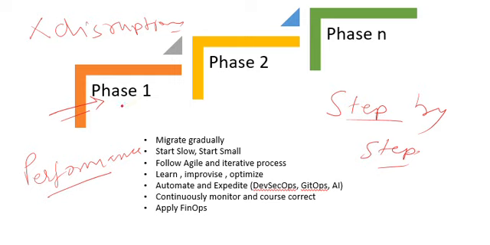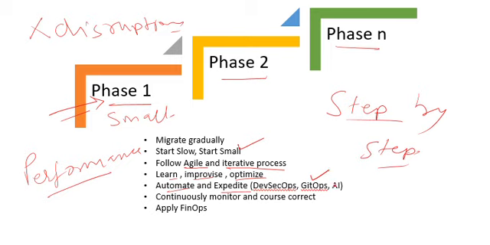So it is always a best practice to take a phase wise approach. Start small. In phase one, you start small, slow and small. Follow agile practices, an iterative process, keep learning, learn, improvise and optimize. Use the latest tools available for automation and expedition.